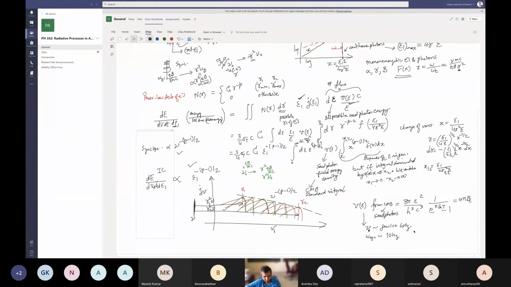So what this means is that if both of them get upscattered by gamma squared by the same electrons, this will be much higher energy. So this will come in hard X-rays or gamma rays, whereas this will come in radio. So generally the thumb rule is, if you see a power law spectrum in radio, it's very likely synchrotron, and if in the same object you see high energies in gamma rays, you will see inverse Compton.